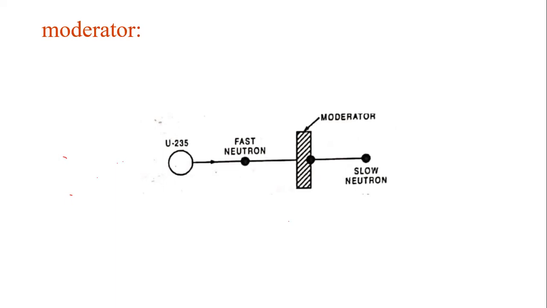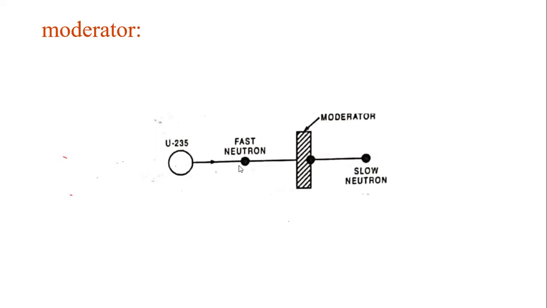We are developing an enormous amount of heat energy. That heat energy is not required for the conversion of that stream. Then we are converting the fast neutron into a slow neutron by using this moderator. Uranium-235 fast neutrons collide with this moderator. Some amount of energy is wasted in this collision process.